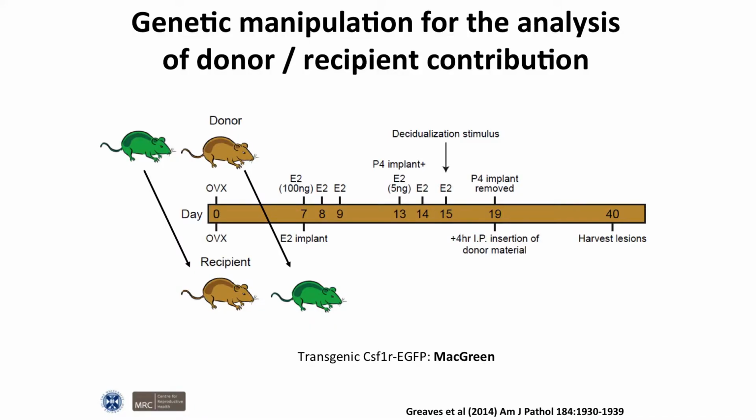Using the syngenic model, we can use genetic manipulation for the analysis of donor or recipient contributions to endometriosis lesions. I showed data before where Fiona used the Matt Green mice, and we also used this in the endometriosis model and performed reciprocal transfers of donor material into recipients. We used Matt Green donor material into wild-type recipients and wild-type material into Matt Green recipients.